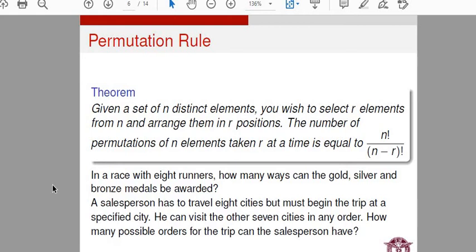The 5 factorial will get cancelled and we get 336. Okay, good. 8 into 7 into 6, that is the answer. Now you calculate.